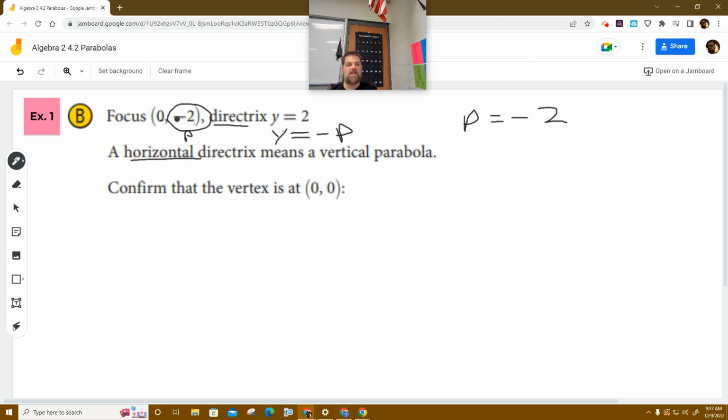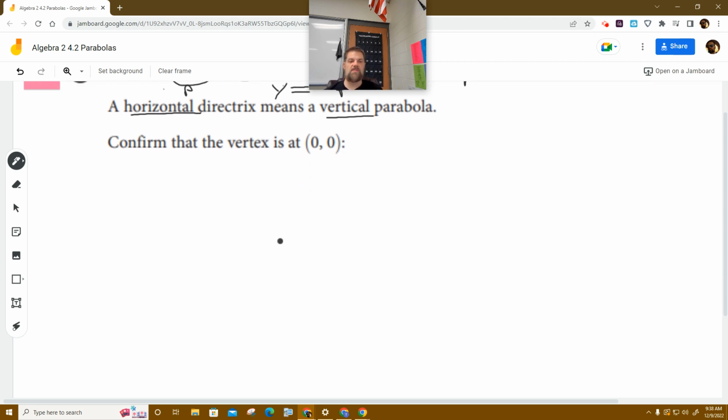If I had a number here and a 0, then my P would be an x coordinate, and it would be x equals negative P. Does that make sense? So that means my parabola is vertical. All right. And this is confirmed that the vertex is at 0, 0.